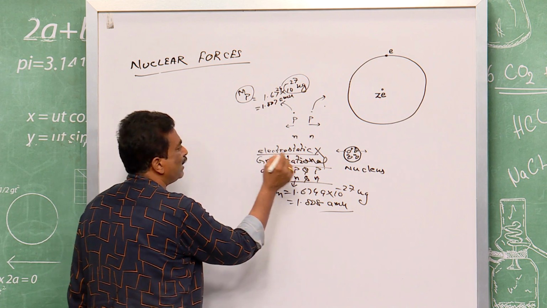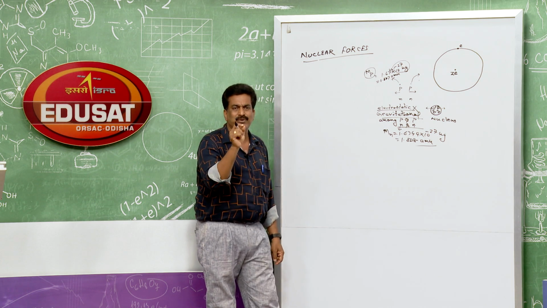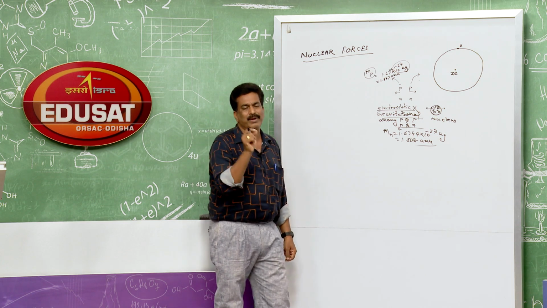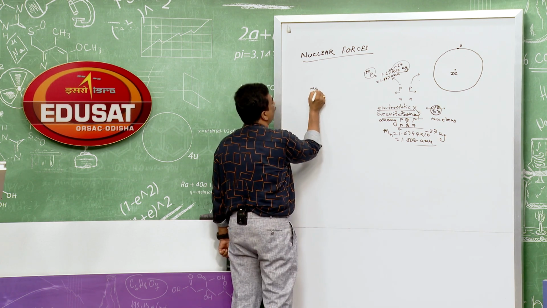The third one is, though these are charged particles inside the nucleus, they are in motion, and when charged particles are in motion, they produce a magnetic field, that you know.